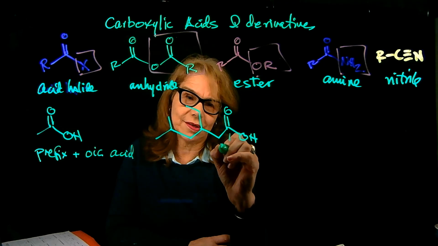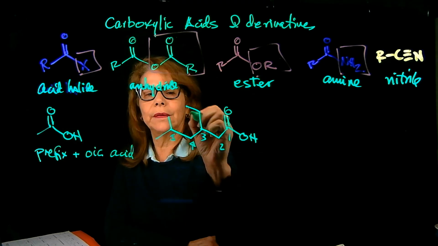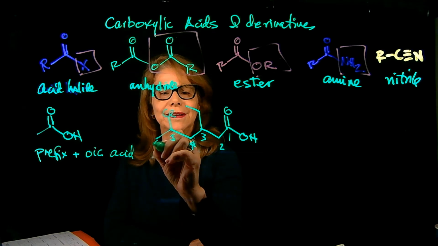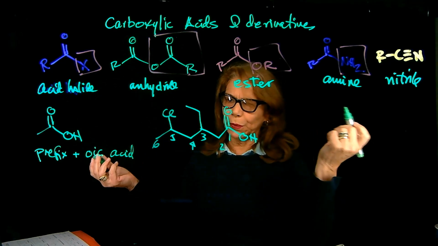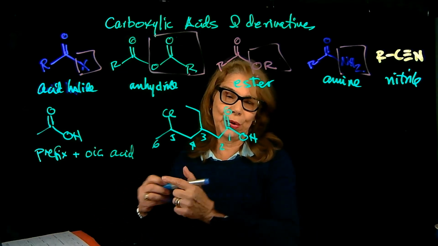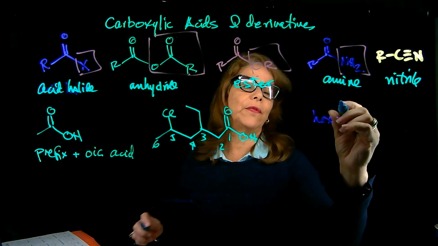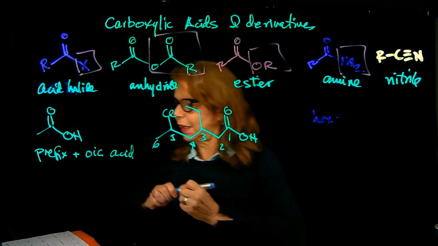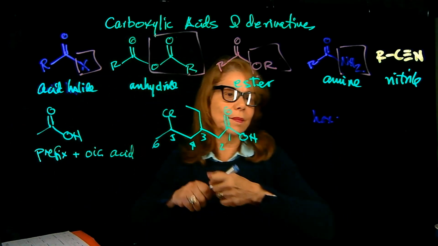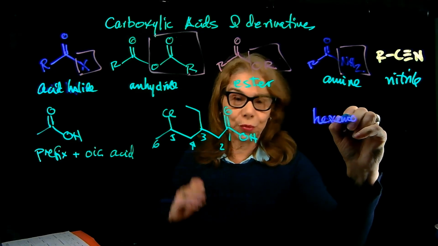So 1, 2, 3, 4, 5, and I'm going to put this here, better, 6. So the prefix is going to say the number of carbons. So this is hexanoic, so hex for 6 carbon. So in the suffix, hexanoic acid, in principle, without substituents.